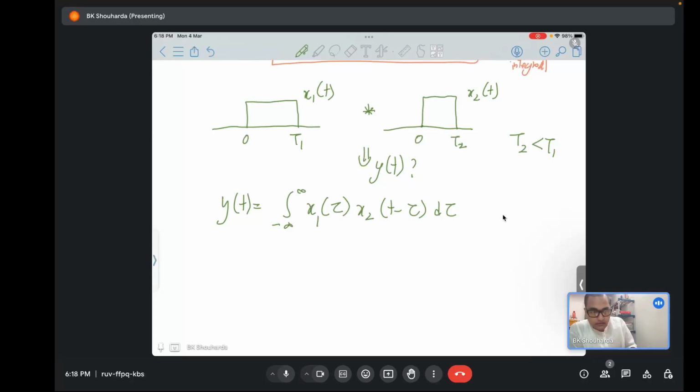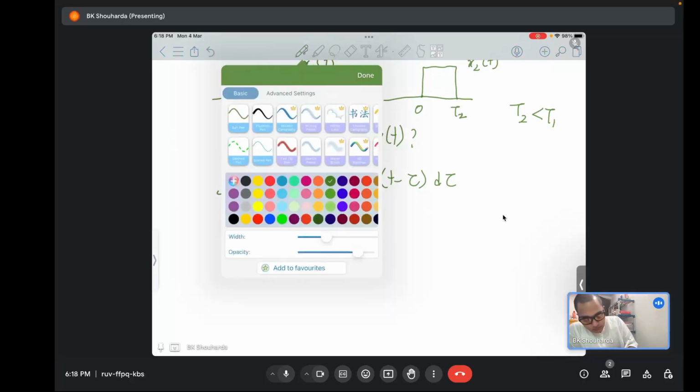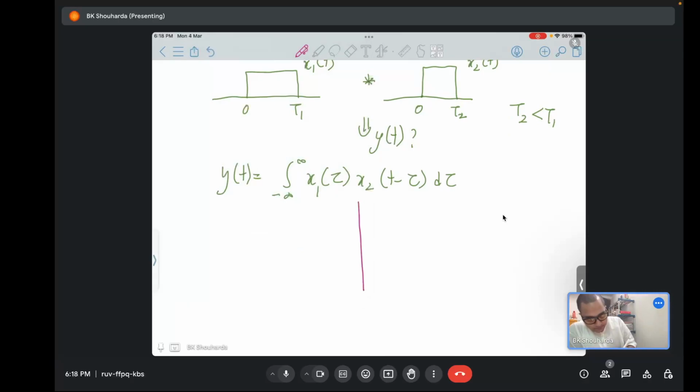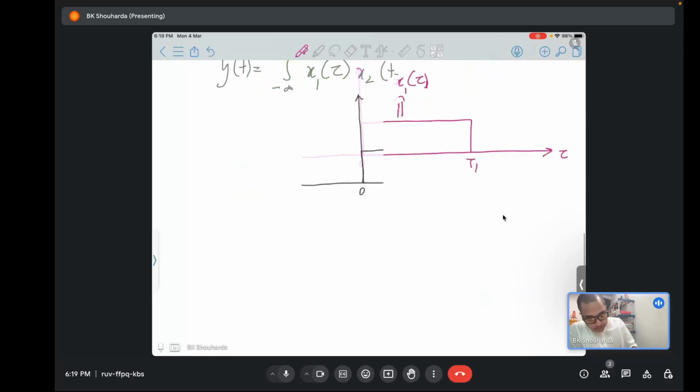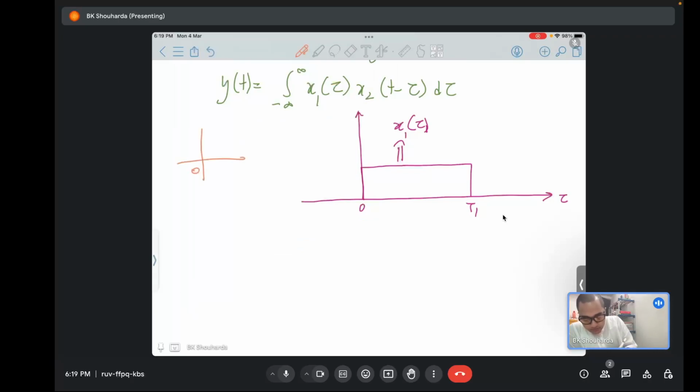Now we need to shift everything to the tau variable. Okay, so this is tau, 0 to t1. This is my x1 of tau, and what is x2 of t minus tau? So look at this, from 0 to t2, this is my x2 of tau.